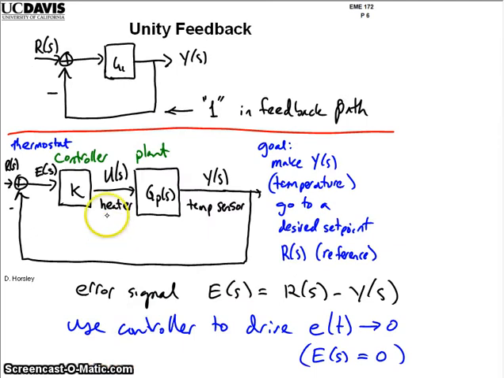So I look at my proportional control system, and I see I have a cascade of two things in the forward path, and I have a unity feedback in the feedback path, so G2 is just a 1 here.